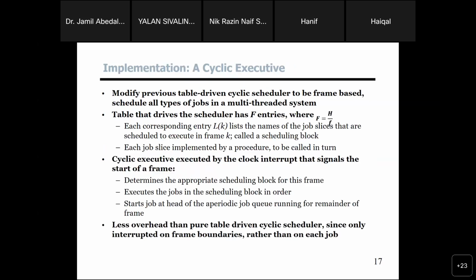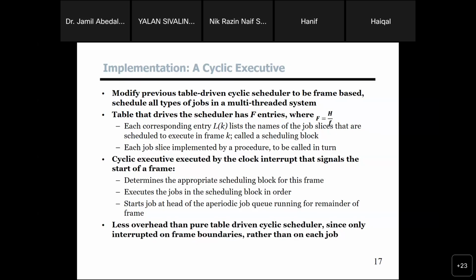Implementation: a cyclic executive. Modify the previous table-driven cyclic scheduler to be frame based, to schedule all types of jobs in a multi-threaded system. The table that drives the scheduler has F entries, where F equals H divided by f.